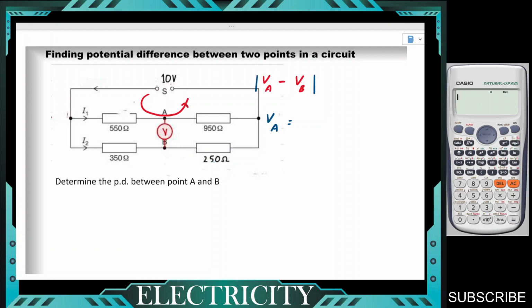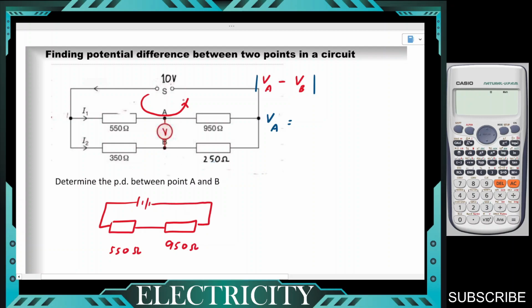So you can just think about it as a power supply. Just replace it with a battery of 10 volts, and then you have two resistors. The first one is 550 ohms and the second one is 950 ohms. Okay, I've simplified the circuit for you. So forget about the upper one, think about the lower circuit, and you need to find the voltage at this point A.